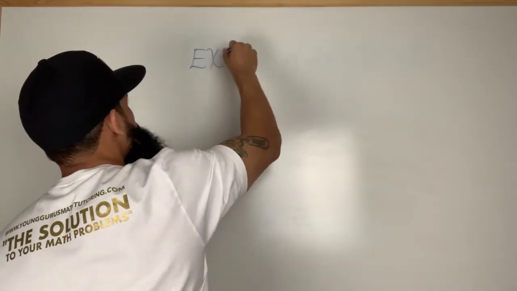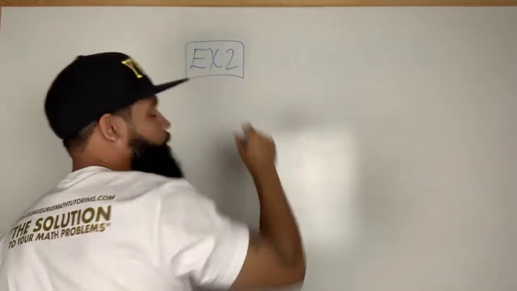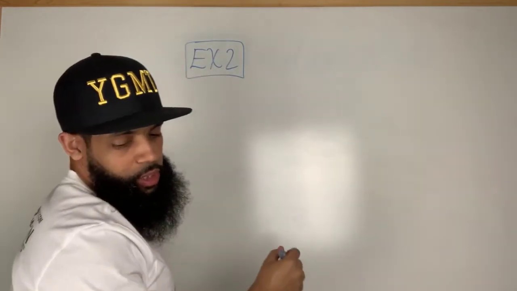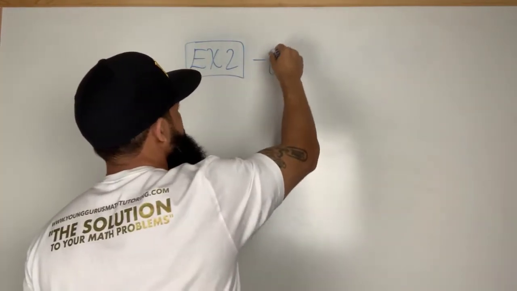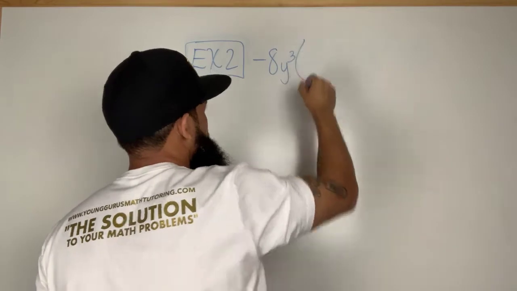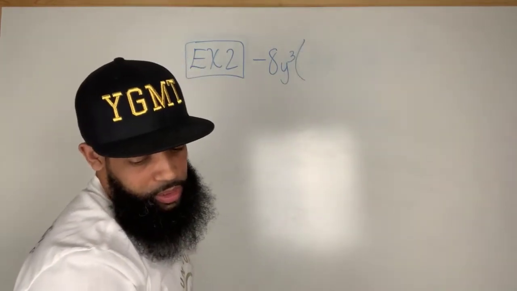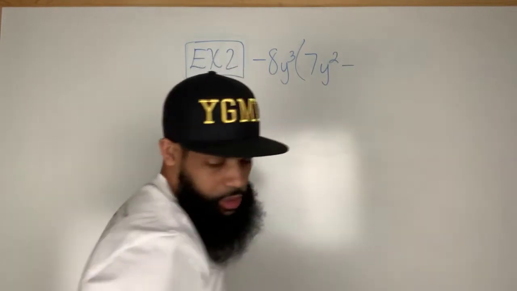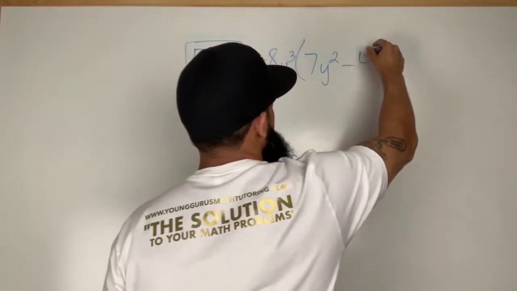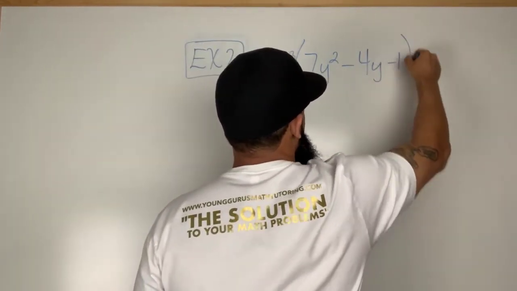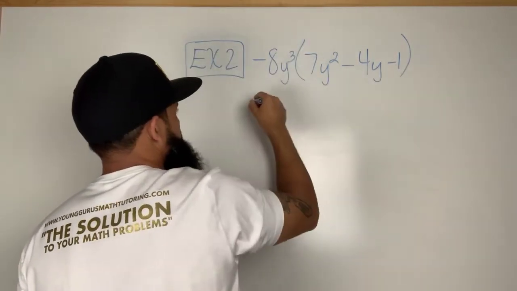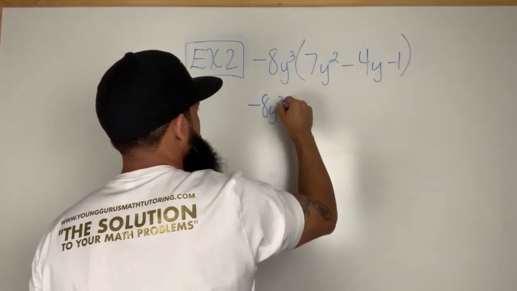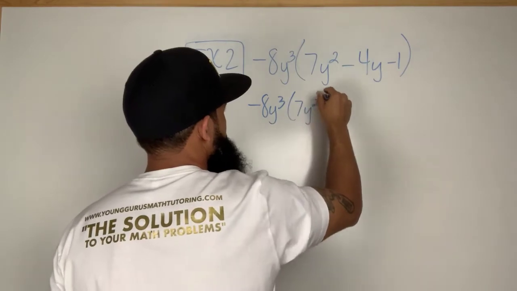Example 2. Example 2 says we want to have negative 8y to the 3rd power, and we want to multiply that by 7y squared minus 4y minus 1. All right, same thing. We're distributing negative 8y cubed times 7y squared.